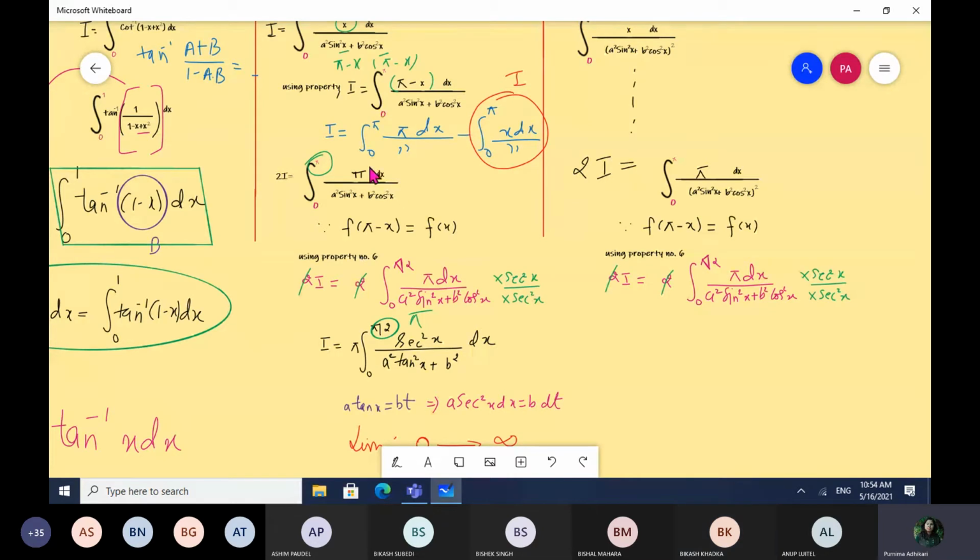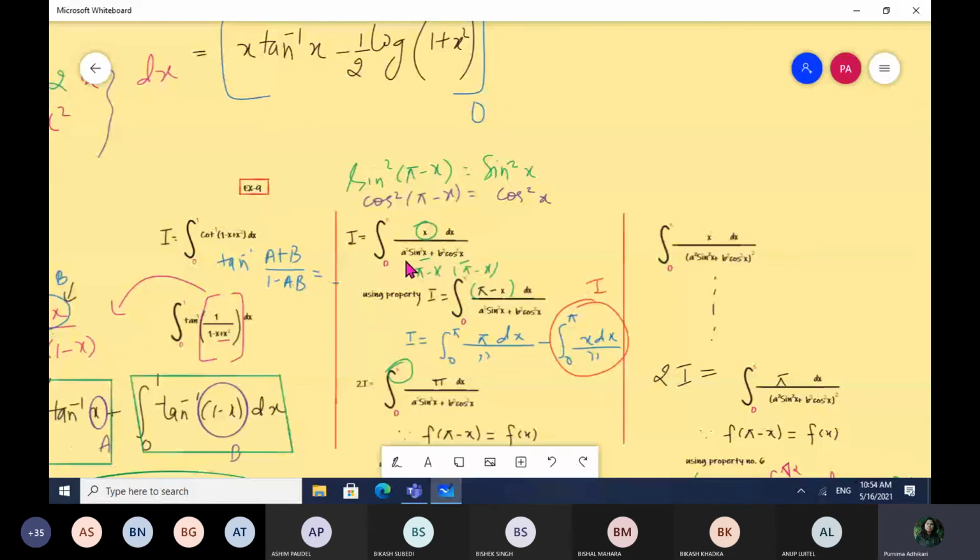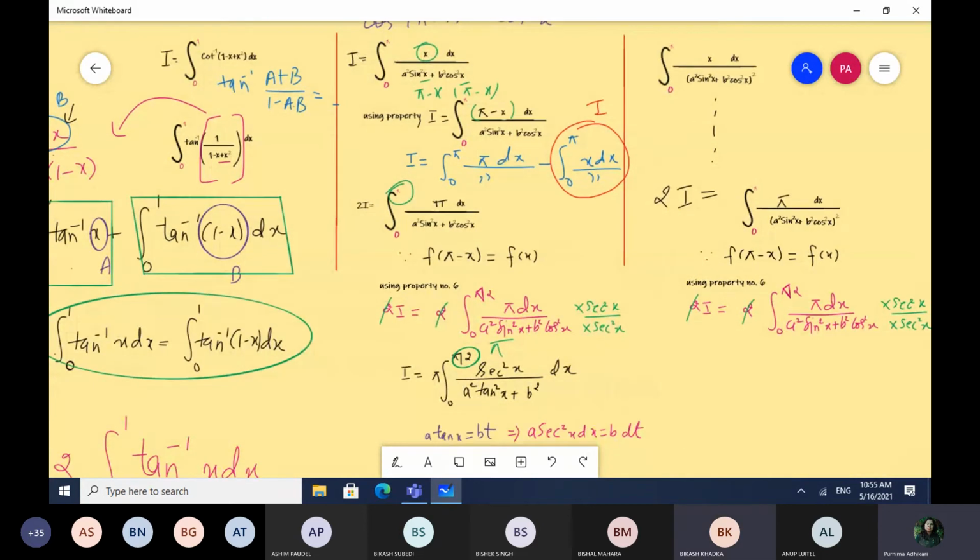If we keep practicing, we know that for this kind of problem we do the substitution in this way. As we said just now, when you have 1 over a square sin square x plus b square cos square x, you already knew that you will multiply numerator and denominator by sec square x, then you will substitute tan x equals t. You already knew these steps, didn't you? That is why you could apply it here. In the same way, when you practice you will get to know that here, because we have to assume tan x as t, in that case our limits 0 to pi cause a problem in the limits of integration.